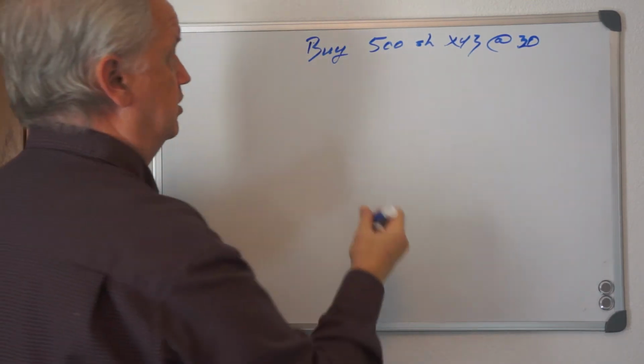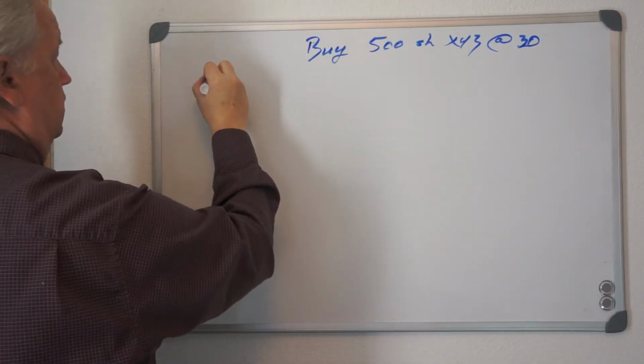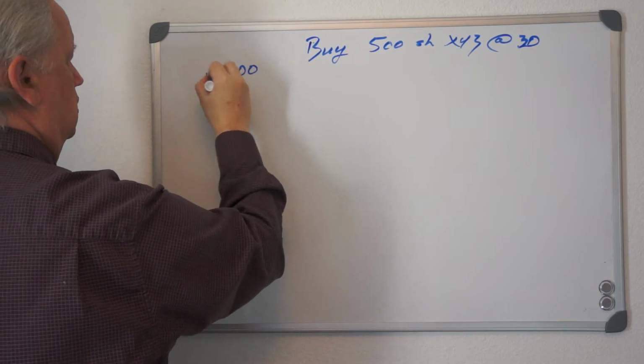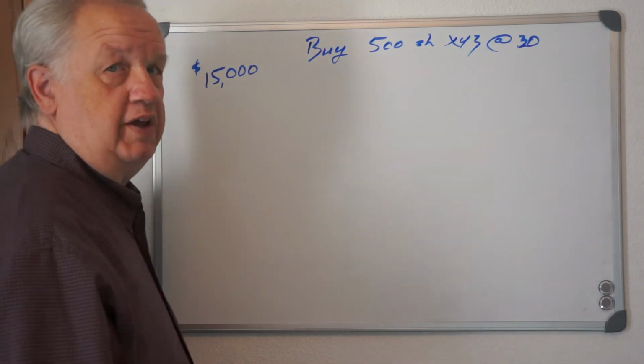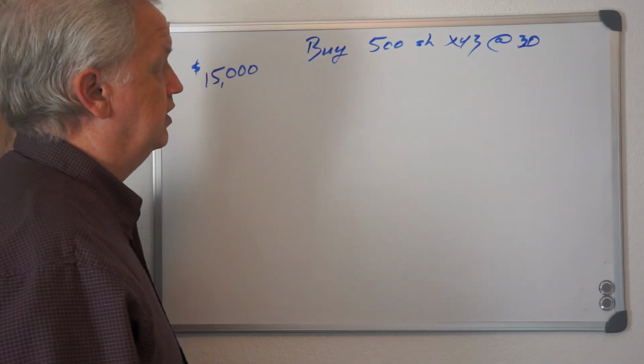So the whole deal is going to be $15,000, right? You have to pony up $7,500 as equity.